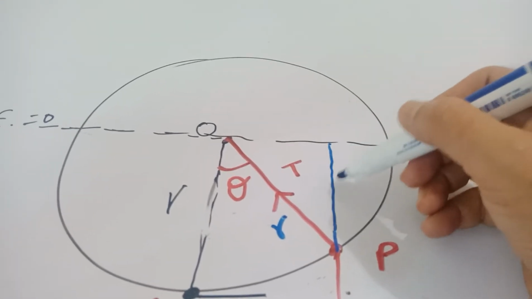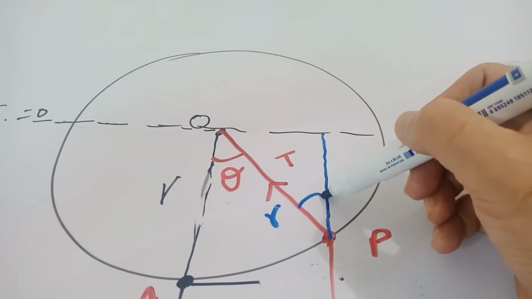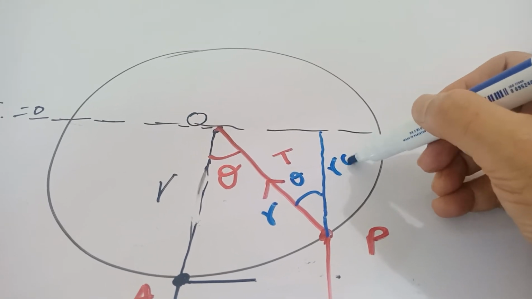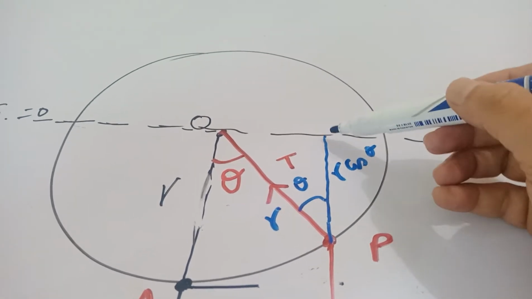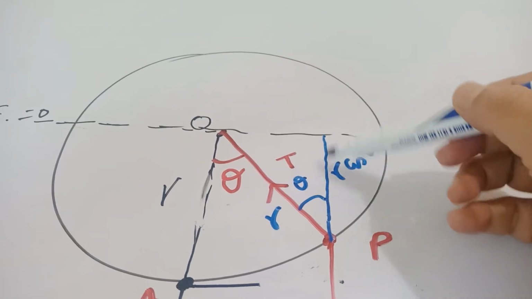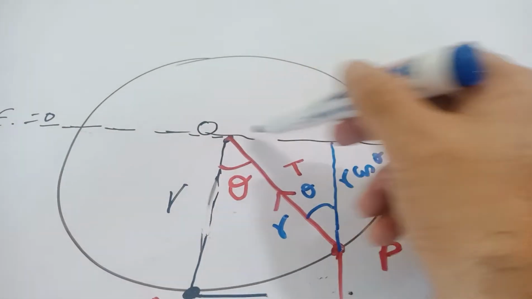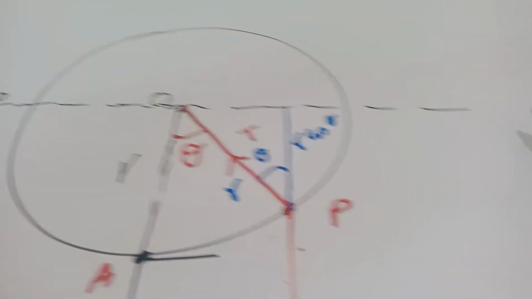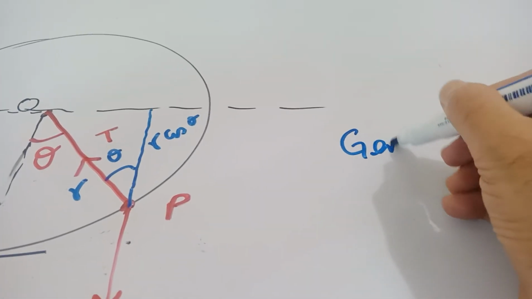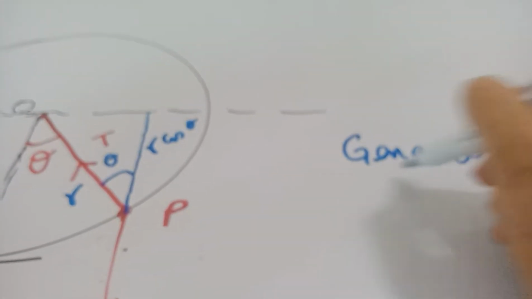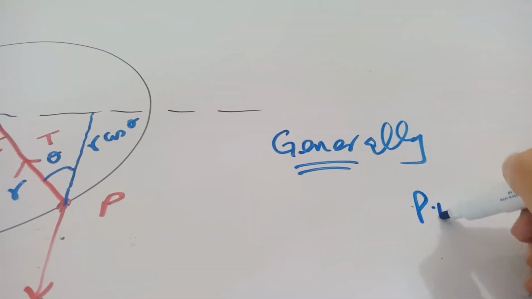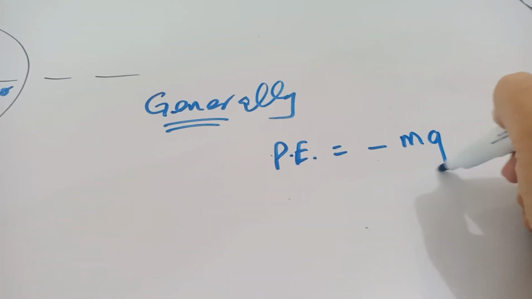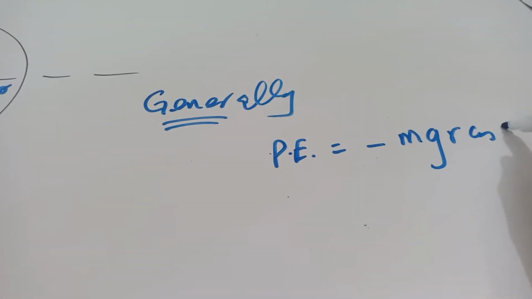So if this is theta over here, this is going to be theta here as well. So this is basically r cos theta. So you see that from this level, this is r cos theta below this point, this dotted line which is passing through this O. So we can say that generally the potential energy is going to be minus mg r cos theta.